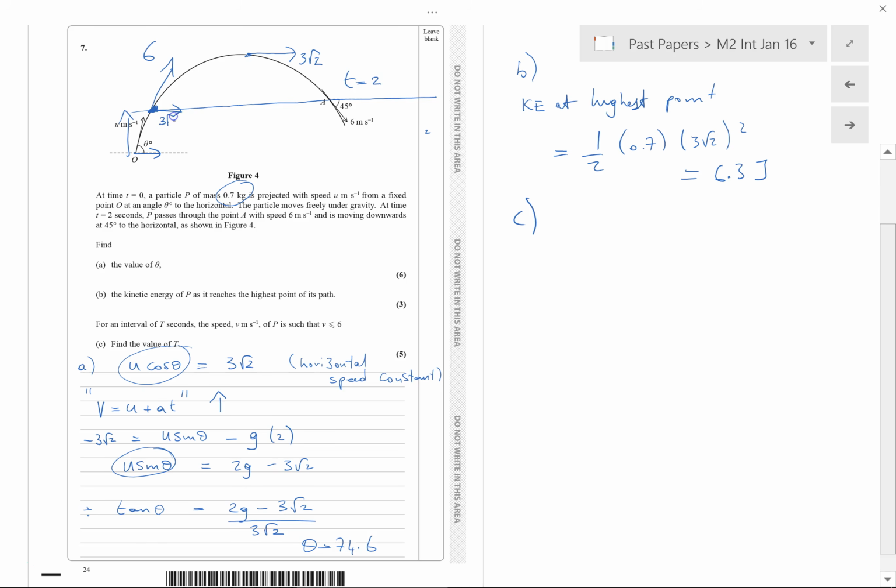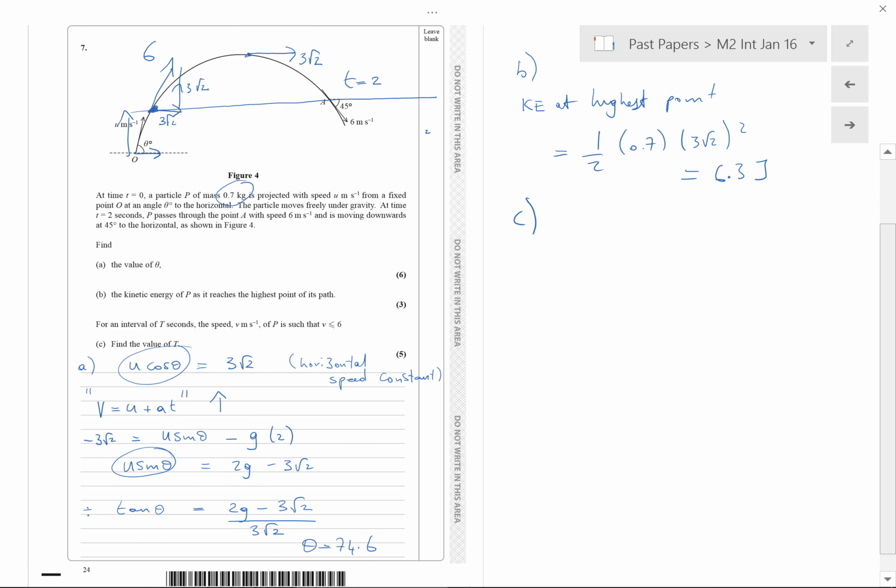This is going to have to be 3 root 2 here, and this is going to have to be 3 root 2 here, because the speed horizontally is constant, which is 3 root 2. So the component of velocity upwards would have to be 3 root 2 as well, so that the speed is 6. Or just using symmetry, we know it's got to be 45 degrees. Lots of reasons why we know that.